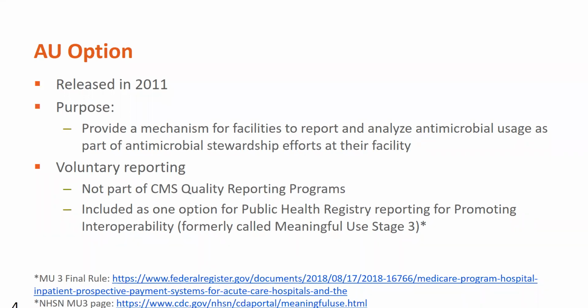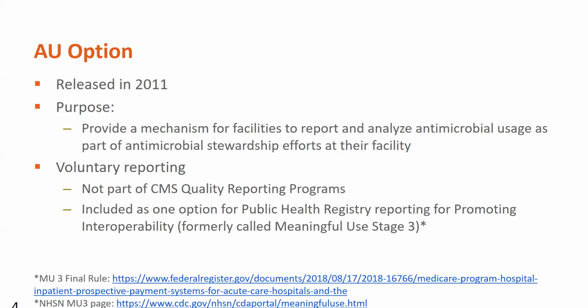It is included as one option for the public health registry reporting piece of the Promoting Interoperability program, formerly called Meaningful Use. So if your facilities participate in Meaningful Use, you could use reporting into both AU and the antimicrobial resistance option to meet one of the criteria for that program.